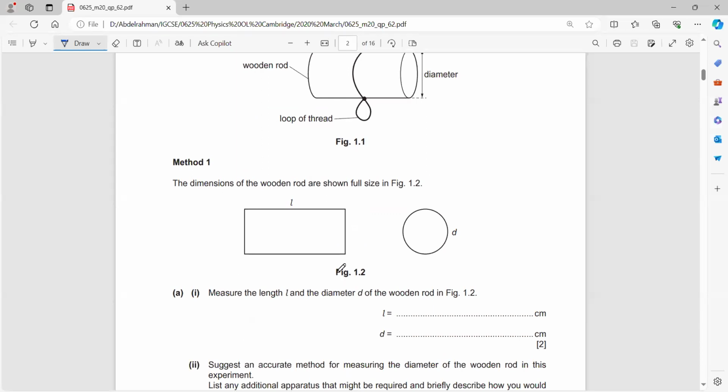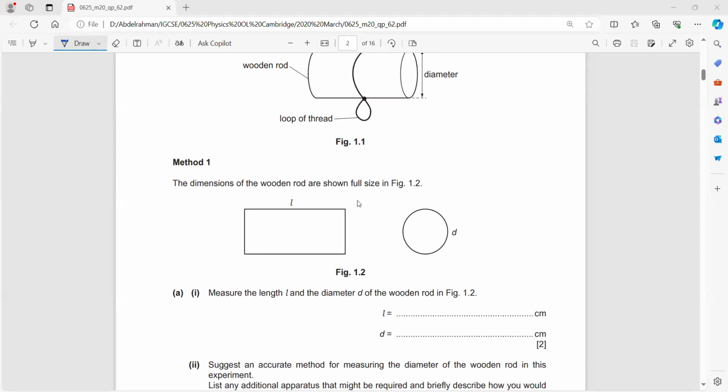First of all, we need to measure the length of this wooden rod, and we need to measure the diameter as well. Using the ruler, we can measure the length and the diameter. Your measurements could be a little bit off, because the printing usually diminishes the size just a little bit.